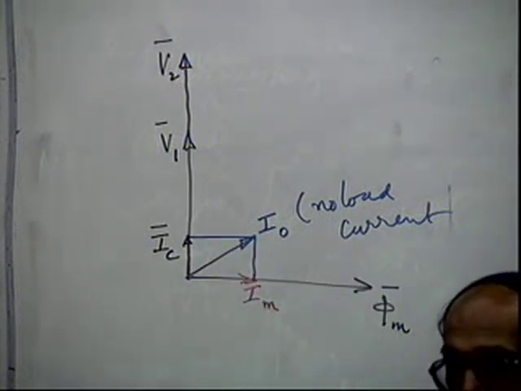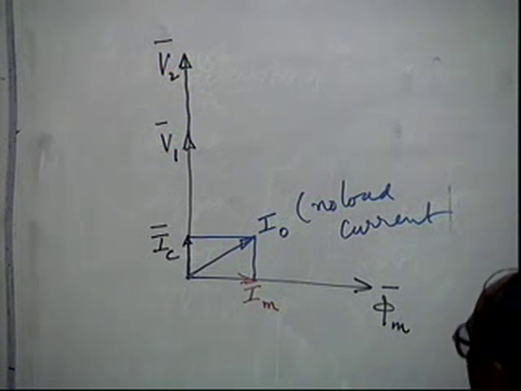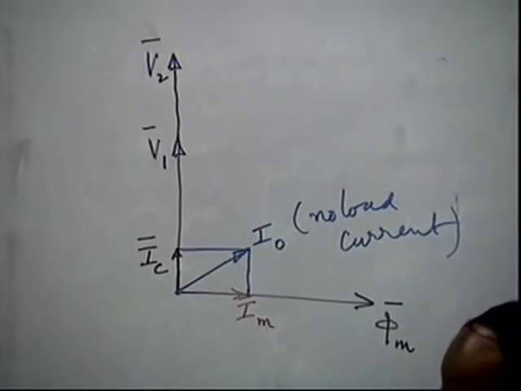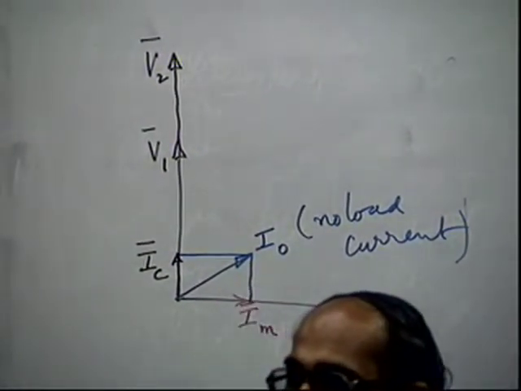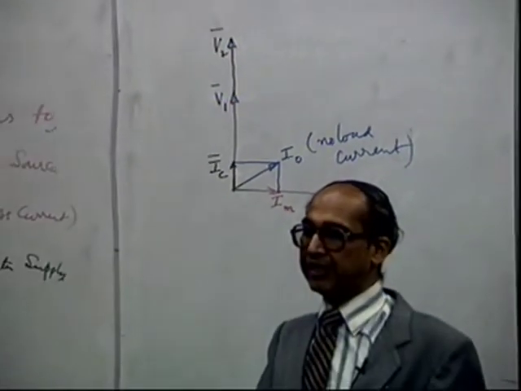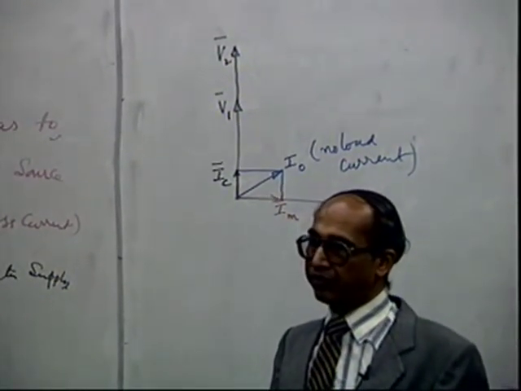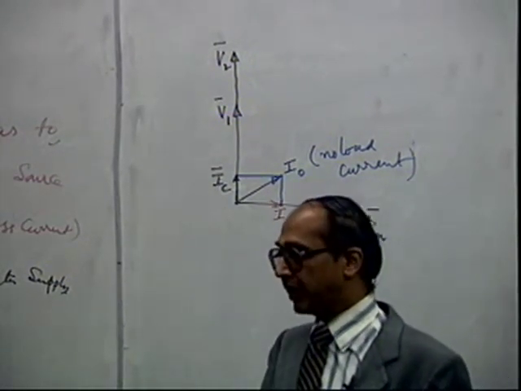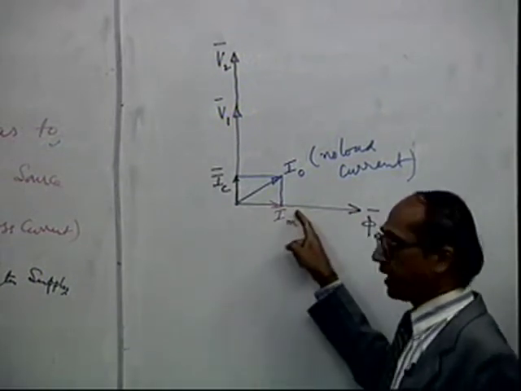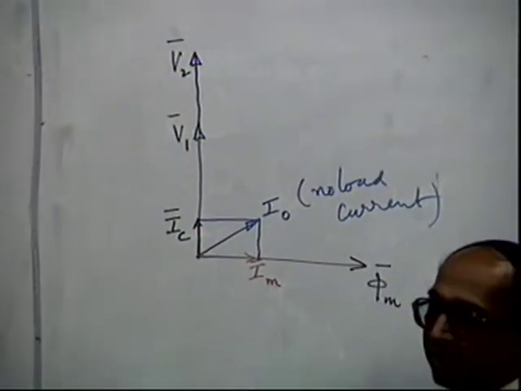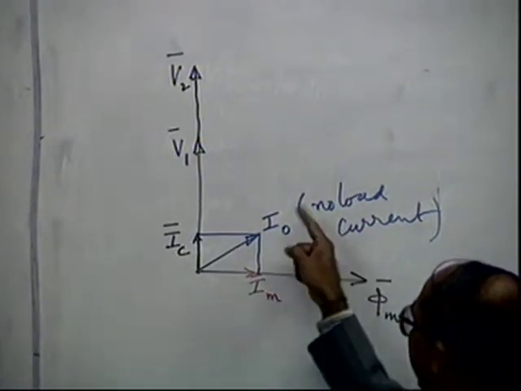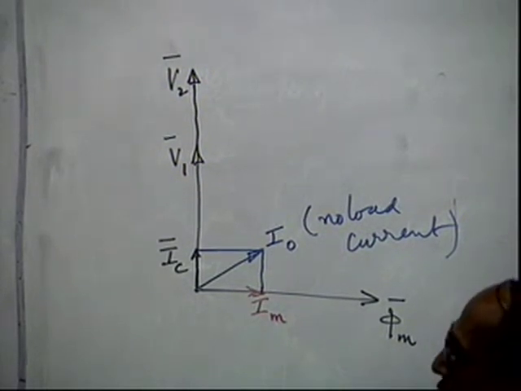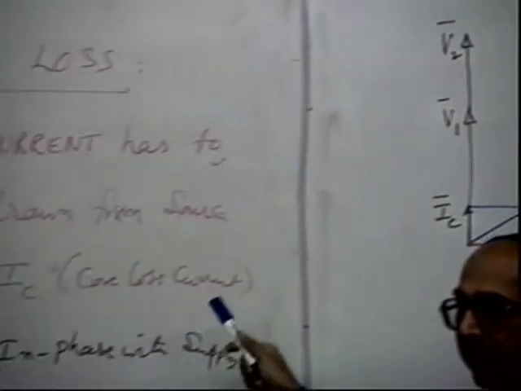Even if you keep the secondary open circuited, this current will be drawn. Many transformers are connected as the first device in electrical gadgets. If the gadget is on, even if the device is not working, it will still be drawing a current. That current is to take care of magnetizing the core as well as the core loss, which is hysteresis and eddy current losses.